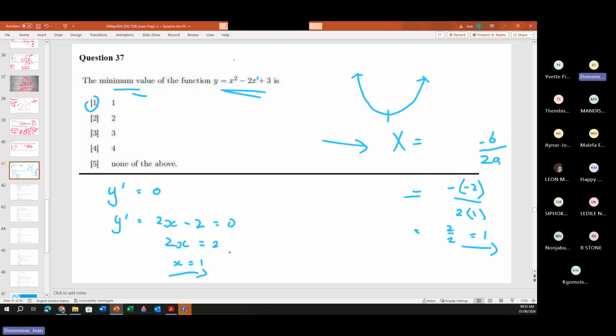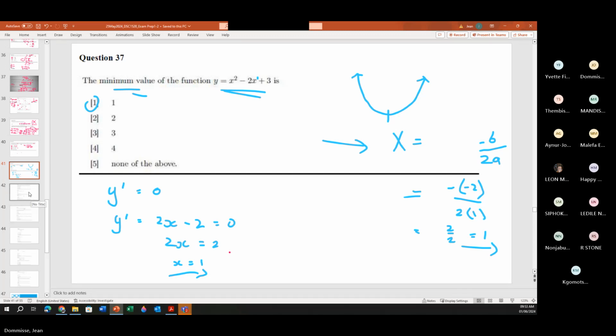If it was now a cubic, then it's difficult to use the minus b over 2a because we're only allowed to use that for quadratics. Then we would have gone to the differentiation part in any case. But yeah, just wanted to show the 2 ways that you can work this out.